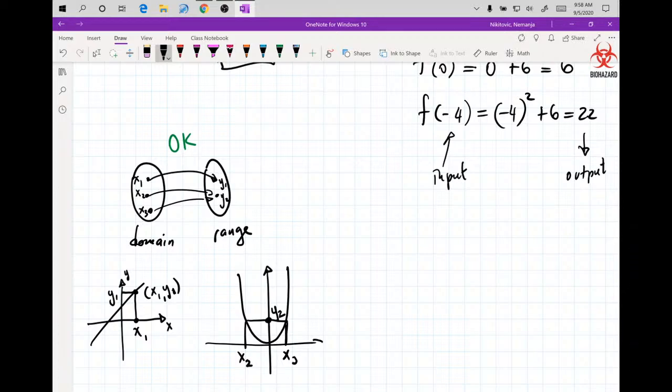So that's the second part of that. So all of these are functions, and you can test if an expression is a function by using the vertical line test.